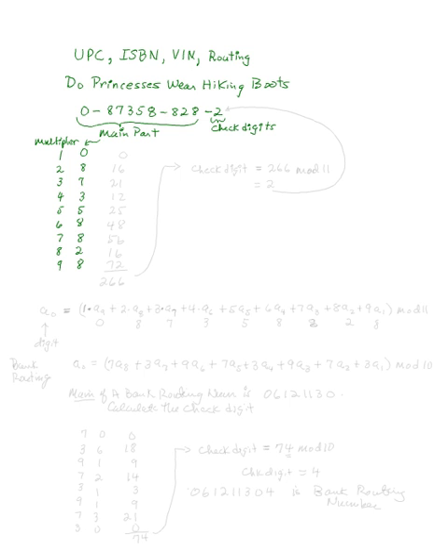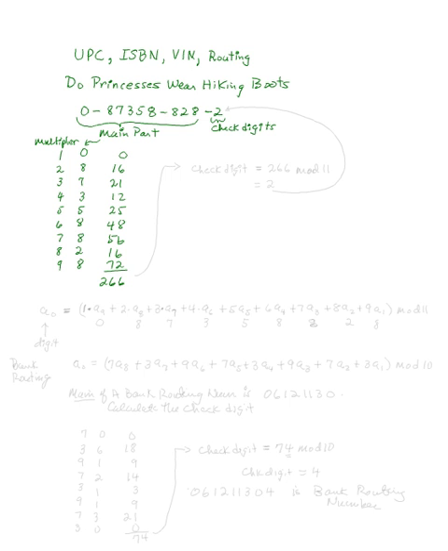And so you multiply 1 times 0, you get 0. 2 times 8, you get 16. 3 times 7 is 21, and so forth down the line. 12, 25, 48, 56, 16, 72.